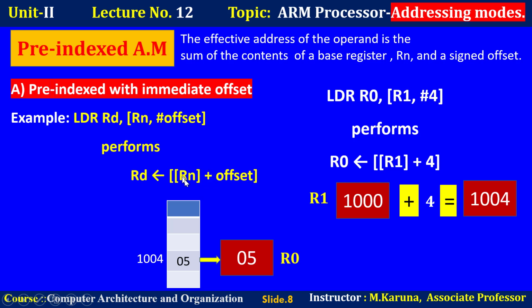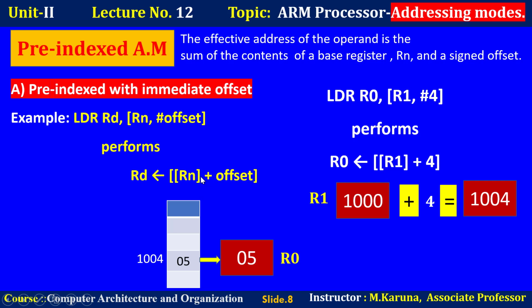This instruction performs the operation like this. Content of RN is some base address, plus the offset. This is the offset address. The offset address will be added to the content of the base register, and then we get the effective address. So this is nothing but the effective address.